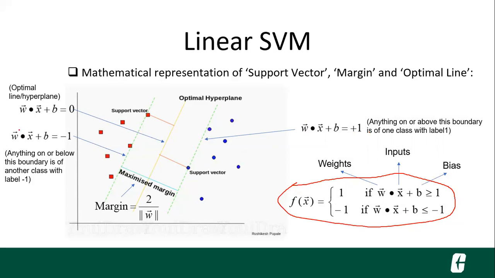And if W transpose X plus B is equal to minus 1, then we can say that anything on or below this boundary line is of another class with label minus 1. We can also say that if W transpose X plus B is equal to 0, then that line represents the optimal line or optimal hyperplane. Now we can also calculate the margin using the following equation.